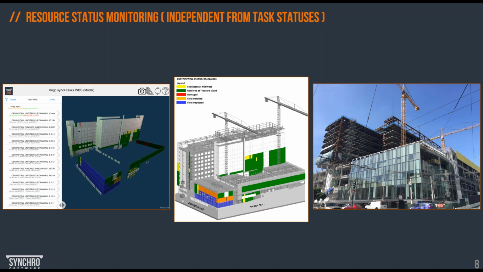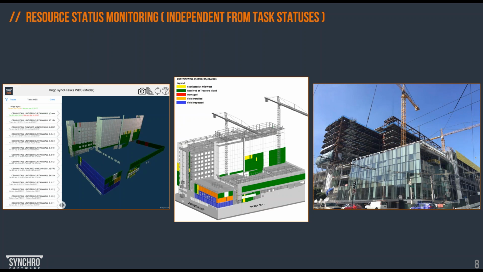The snapshot on the left-hand side shows you the site app that you can use for progress monitoring and resource status monitoring. That works in combination with the model. That application runs on the iPad. On the right-hand side, we have a real photo from the site, so you can actually see this kind of process going on here, which I would call resource monitoring, resource statuses.